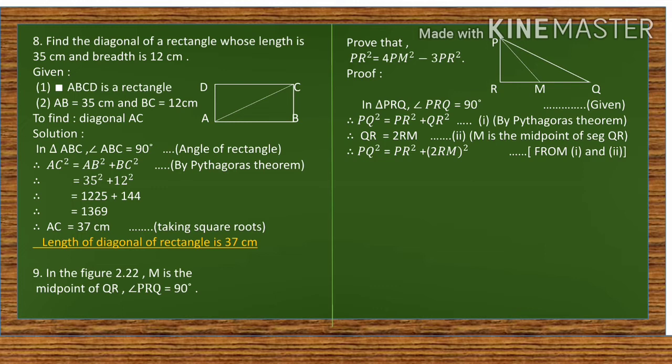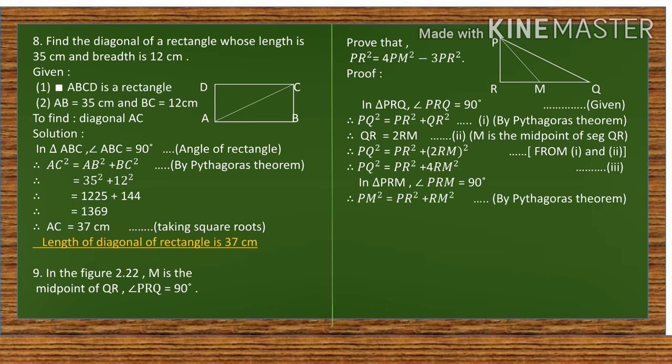Therefore, PQ square is equal to PR square plus (twice RM) whole bracket square. This is from 1 and 2. Therefore, PQ square is equal to PR square plus 4RM square. Number it as 3.